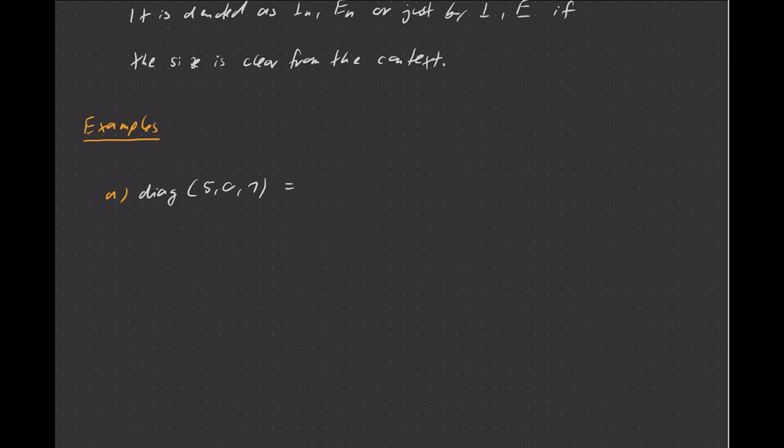So this matrix has the entries 5, 0, and 1 on the diagonal in this order. And all the rest is 0. Right, so this vector here, that's the important part, 5, 0, 1, that is composed of these numbers here.